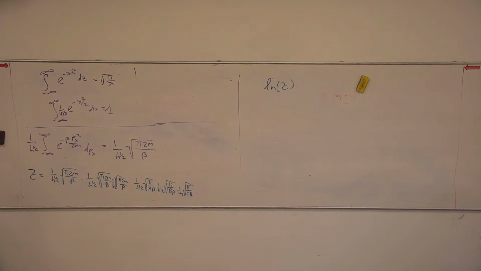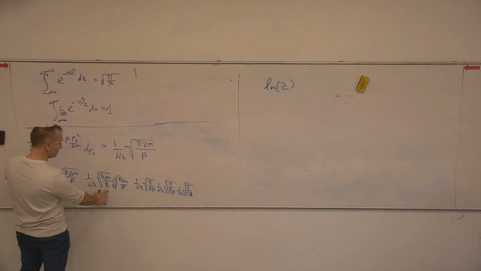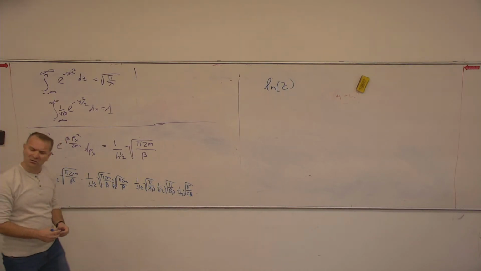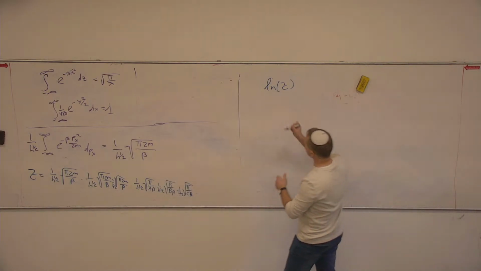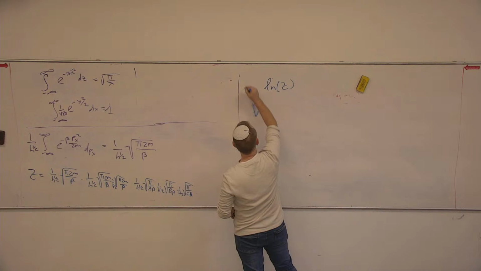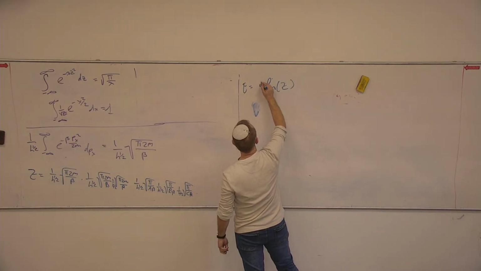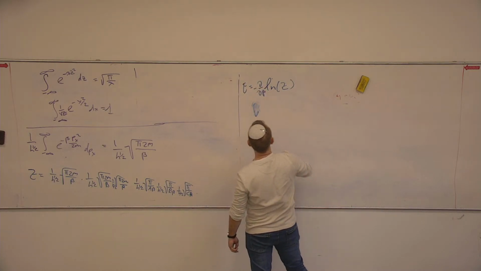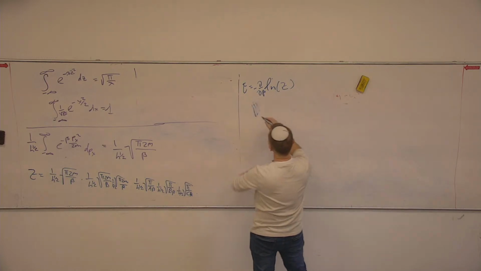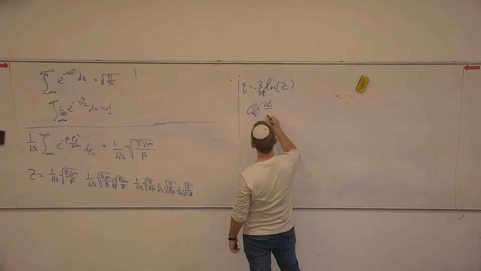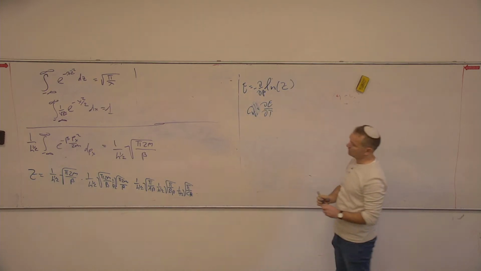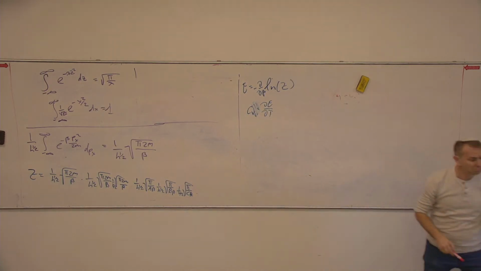You have a lot of stuff inside, but the only thing that we care about, because E is minus d over d beta of log Z, and afterwards Cv is going to be dE over dT.